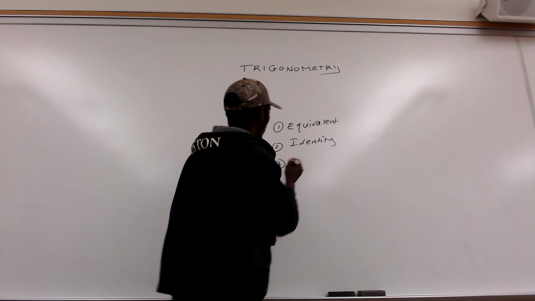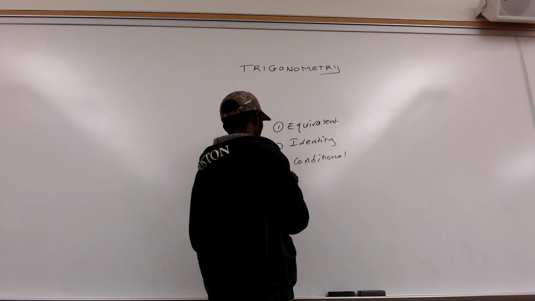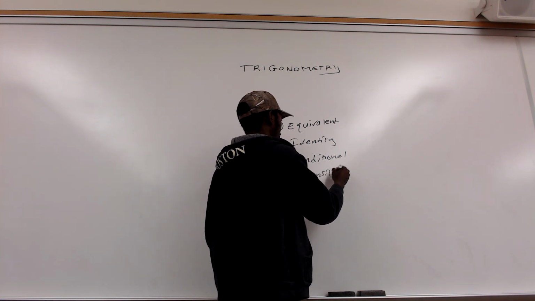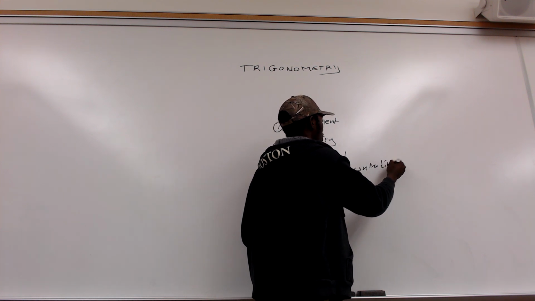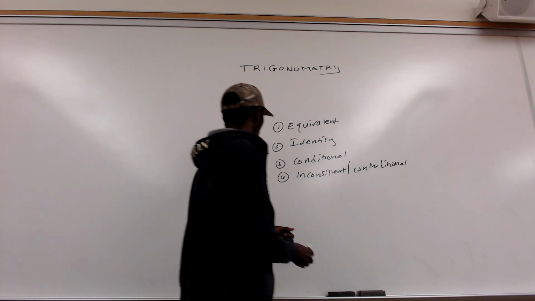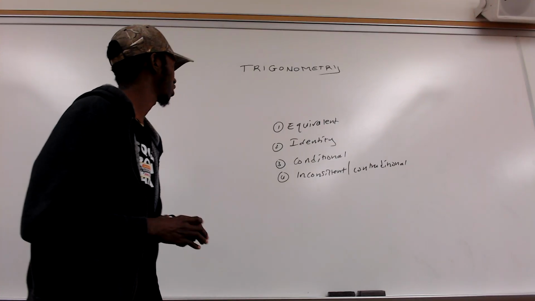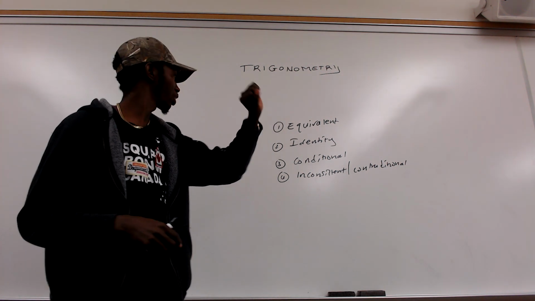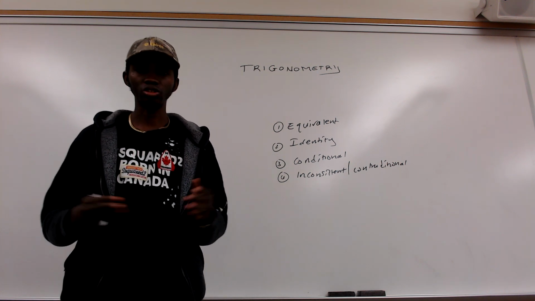The third type is the conditional equation, and the last one is the inconsistent or contradictory equation. So mainly, these are the four types of equations, and we have to take note of them: equivalent equation, identity equation, conditional equation, inconsistent or contradictory equation.